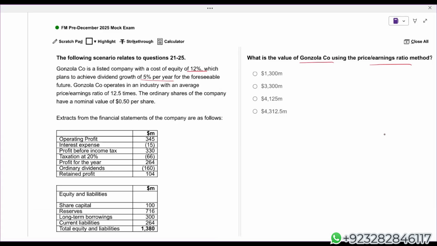Gonzola operates in an industry with an average P/E ratio of 12.5 times. So I can easily use this average P/E ratio of 12.5 times. The ordinary shares have a nominal value of 0.5 per share. That's a par value. Extract from the financial statement: profit for the year. Student, very easily I can calculate business value.